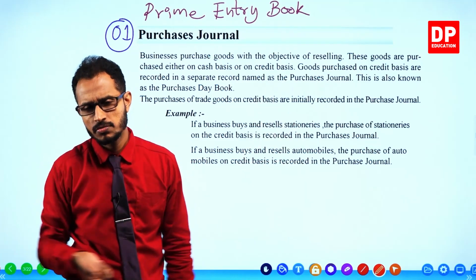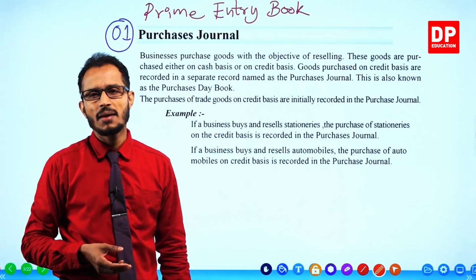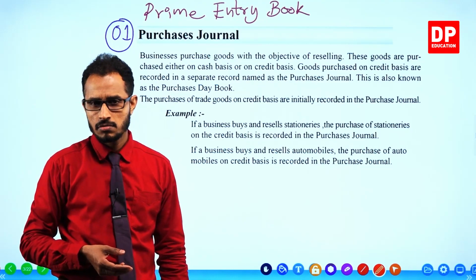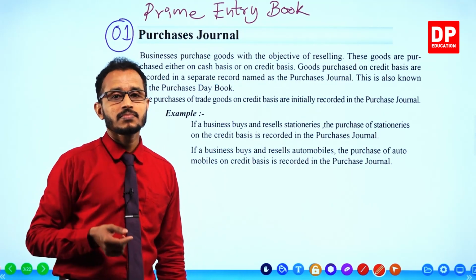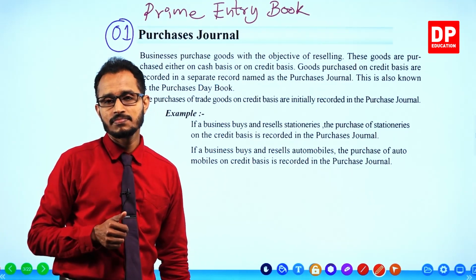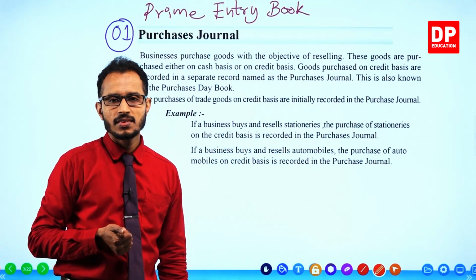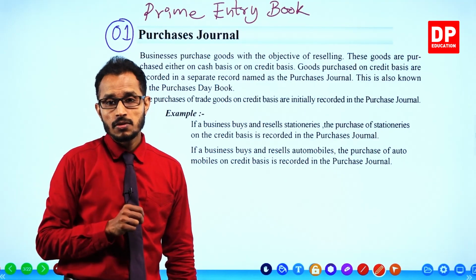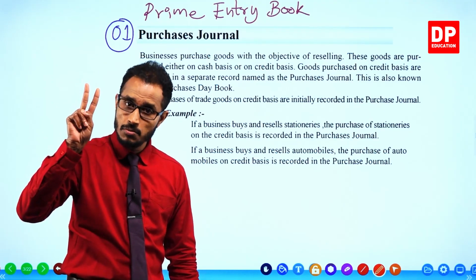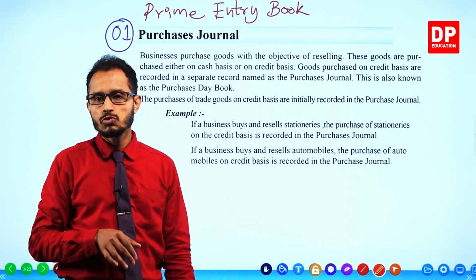Don't act like you don't know. We did an entire lesson about these two prime entry books, a couple of lessons back. These two prime entry books which are considered as ledger accounts too.